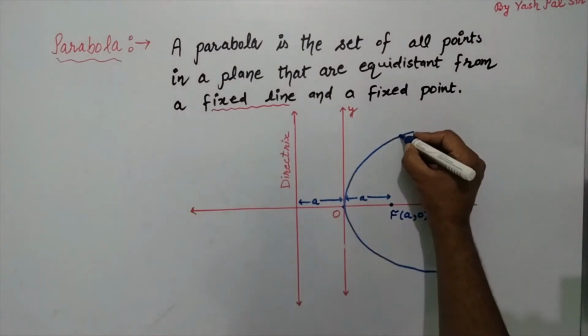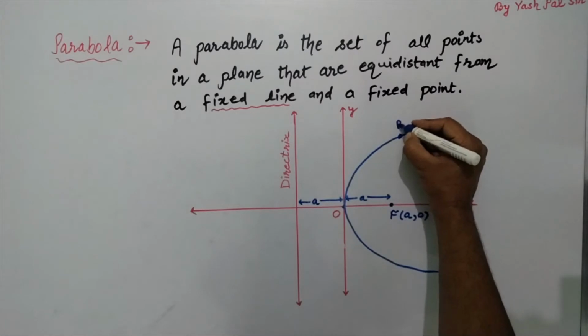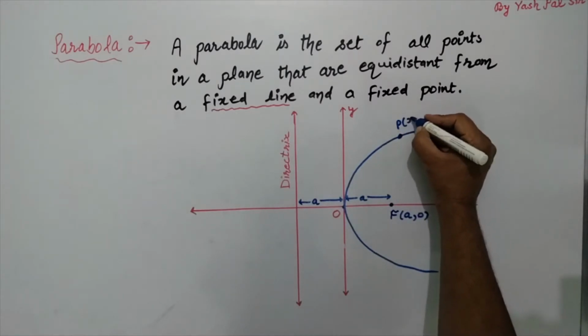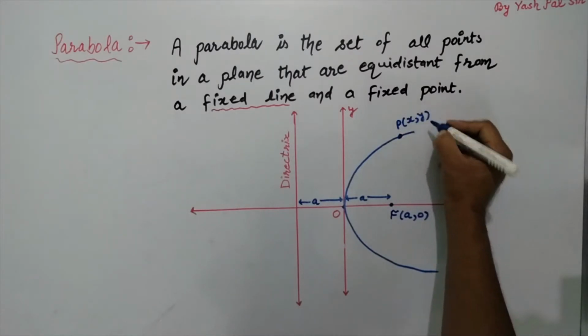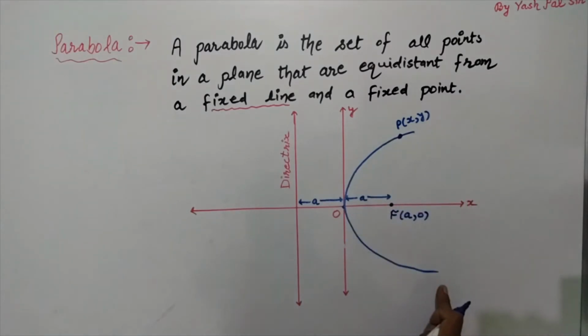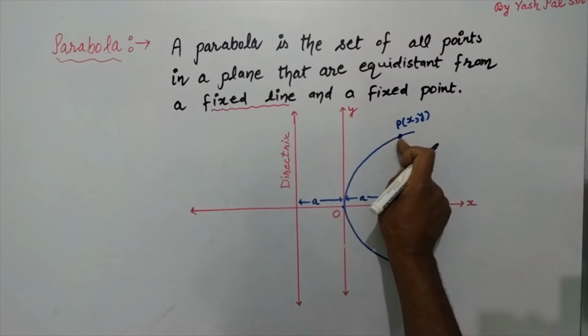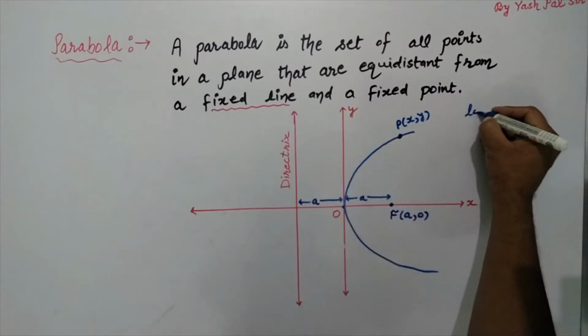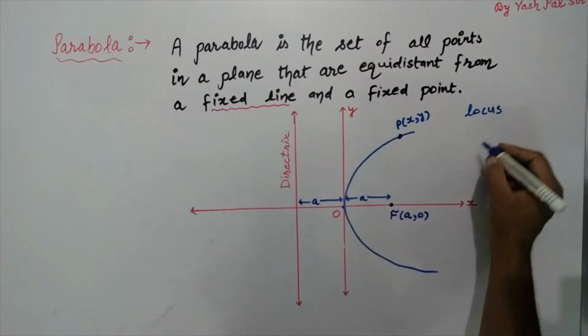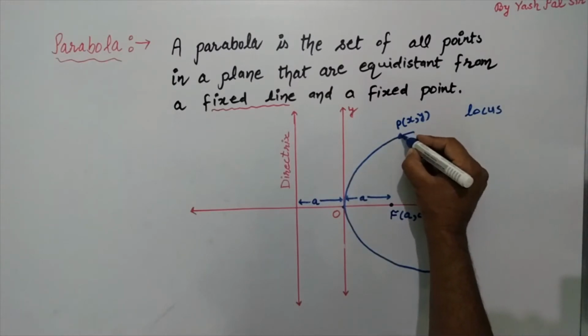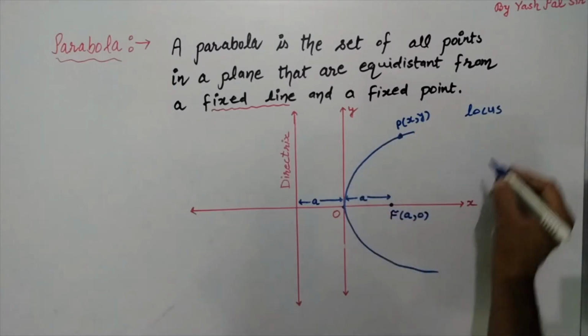One more definition where we can say that if P is any point in the plane having the coordinates x comma y, so the parabola definition is: parabola is the locus of a point. Locus means path of a point, path described by a point.